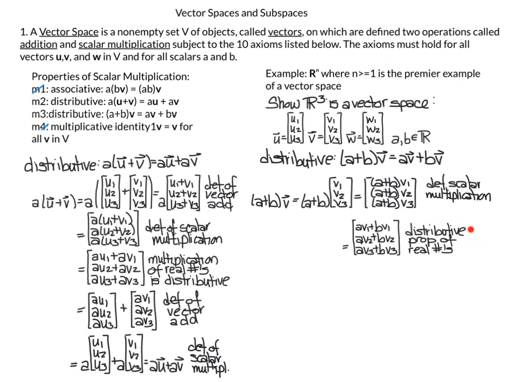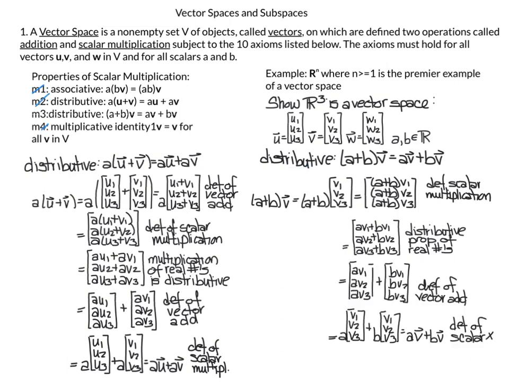Again, now we're using the distributive property of real numbers. That's the fourth example of when we wanted to prove a law about vectors. We break the vectors down until we have real numbers and use that same property now of the real numbers.